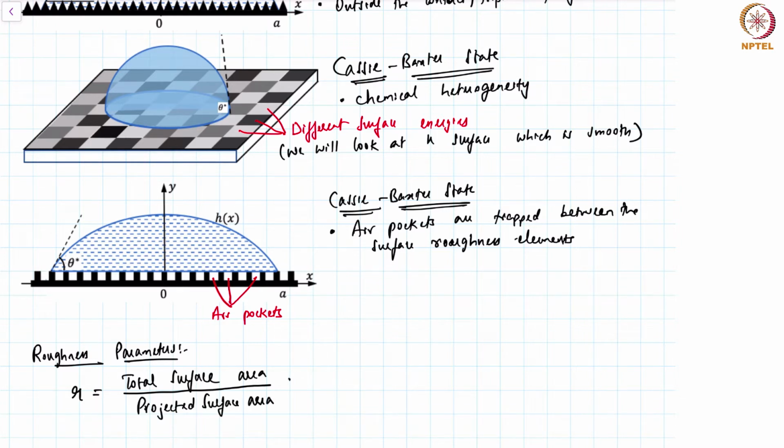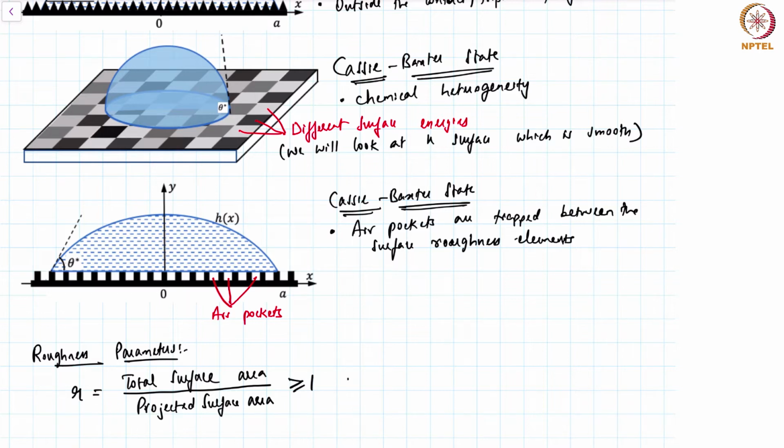And this quantity is always greater than or equal to 1. For a perfectly smooth flat surface, this quantity is exactly equal to 1. But for any rough surface, the undulations will increase the surface area, and therefore the roughness parameter R is greater than 1.